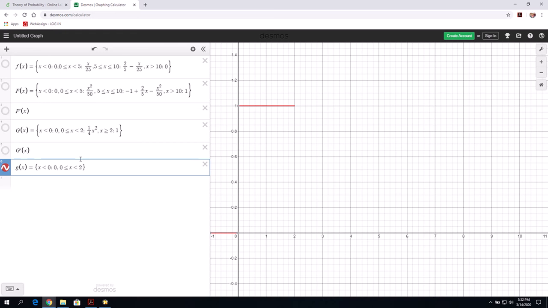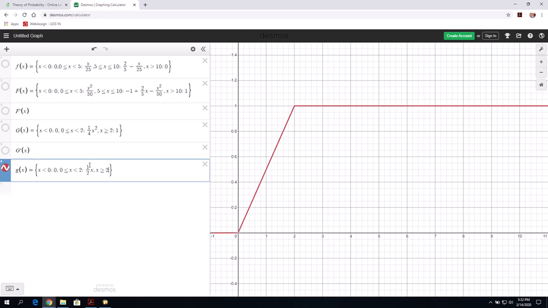What is the derivative of 1/4 x squared? Well, the 2 comes down, it's 1/2 x. And then for x greater than or equal to 2, what's the derivative of the function 1? It's 0. There's the red curve right there.